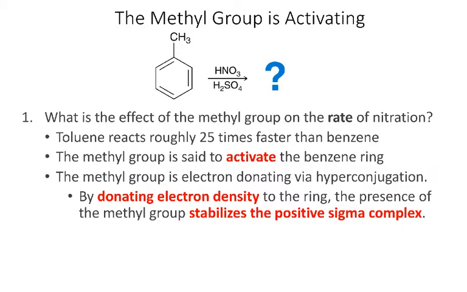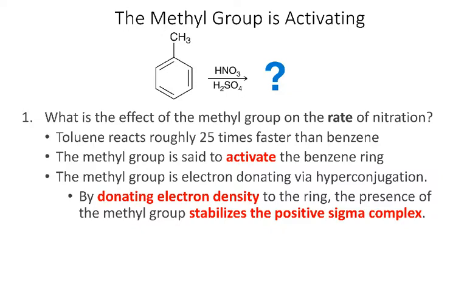Alright, so it turns out the methyl group is activating. Toluene, that's a benzene substituted with a methyl group, reacts 25 times faster than just a plain benzene. Because toluene is more reactive, the methyl group is said to activate the benzene ring, or the methyl group is an activating group.